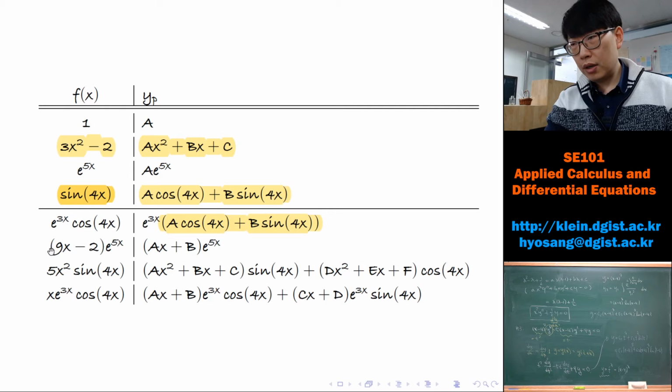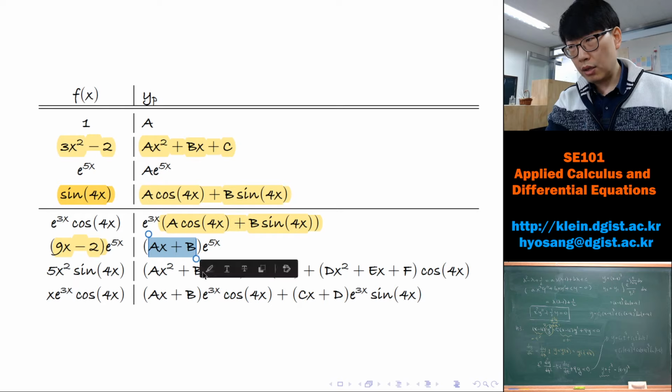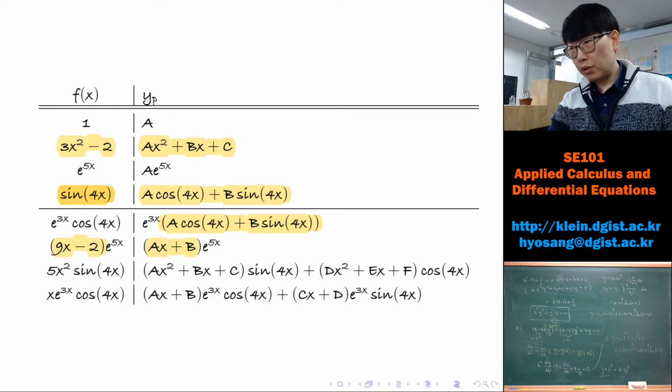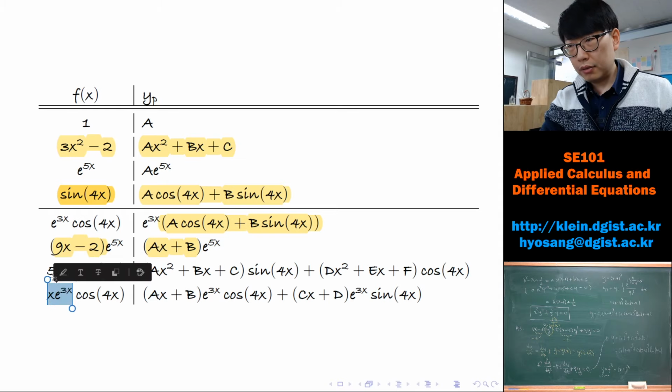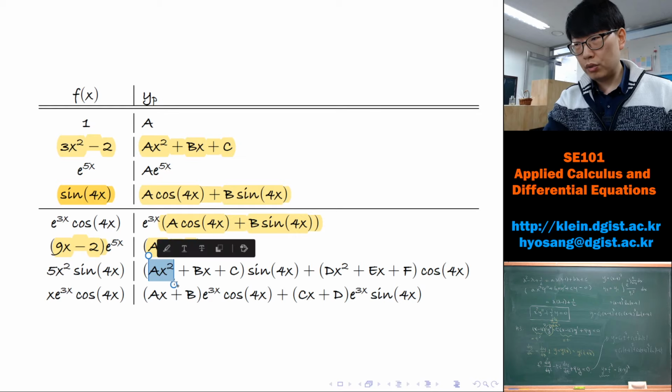And if you have a polynomial times an exponential, then you also have the polynomial type and exponential function. And since this is a first degree polynomial, you have to have a first degree polynomial function in the general form of yp, and so on. So, for example, if you have a degree 2 polynomial times the sine, then you have to have the general form of a degree 2 polynomial times the general form of a sine function.